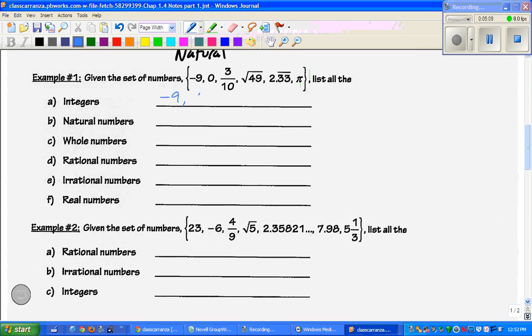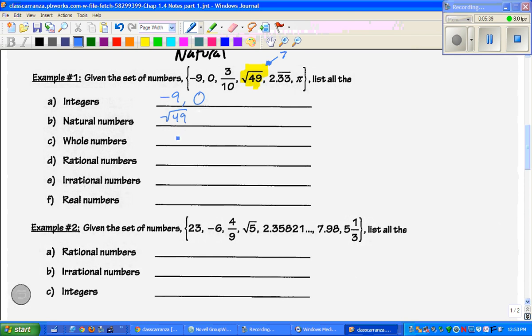The integers are -9 and 0. The natural numbers here, well, the one thing we want to look at real quick, look at this guy, square root of 49. Do we know what that is? If you don't know what it is, plug it in your calculator, because it is 7, okay? So a natural number in here is the square root of 49.